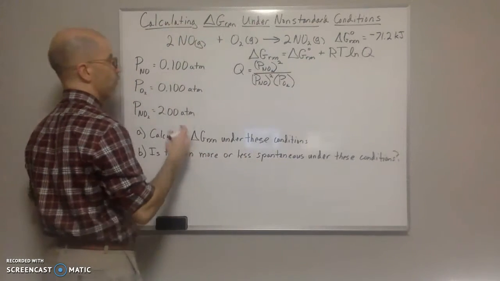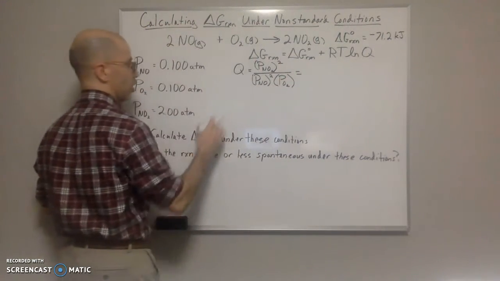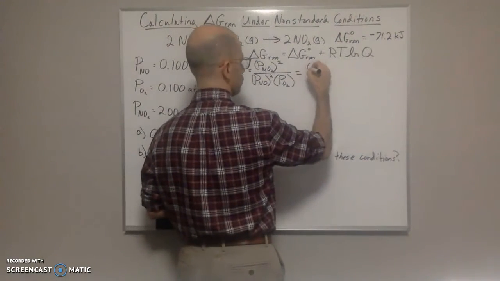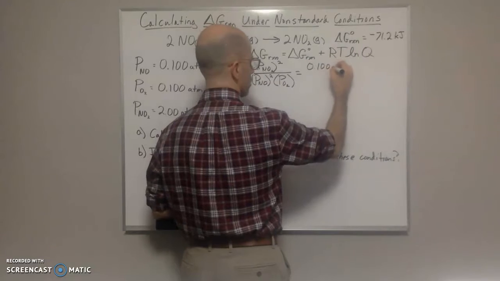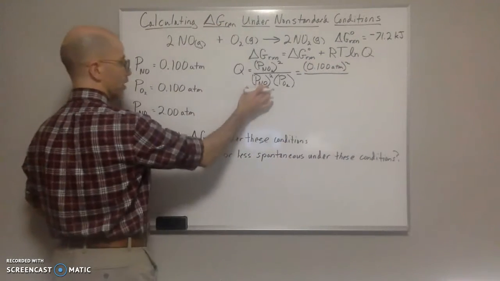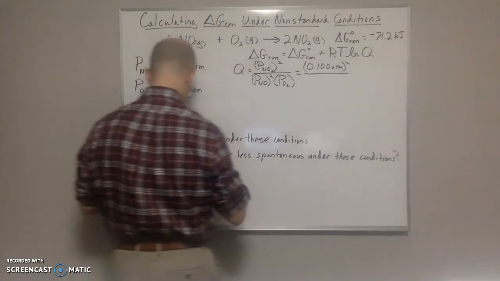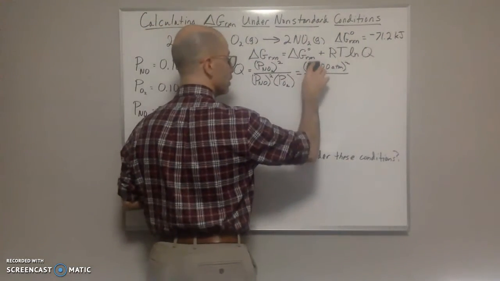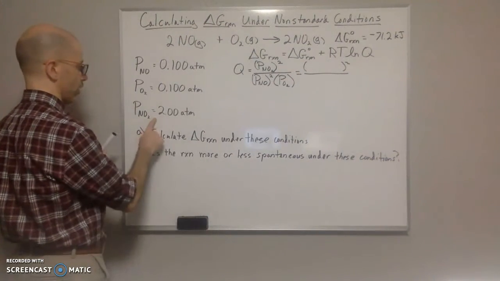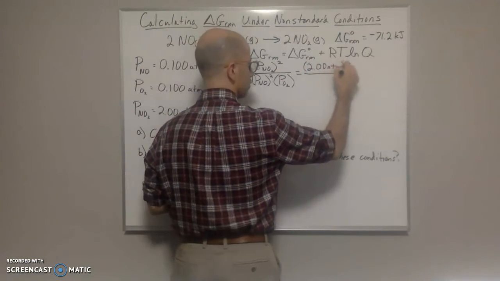All we need to do is plug in the atmospheres that we have. The pressure of NO2 is 2.00 atmospheres squared, sorry, that should be NO2, wrong one. So NO2 is here, that's 2.00 atmospheres squared.